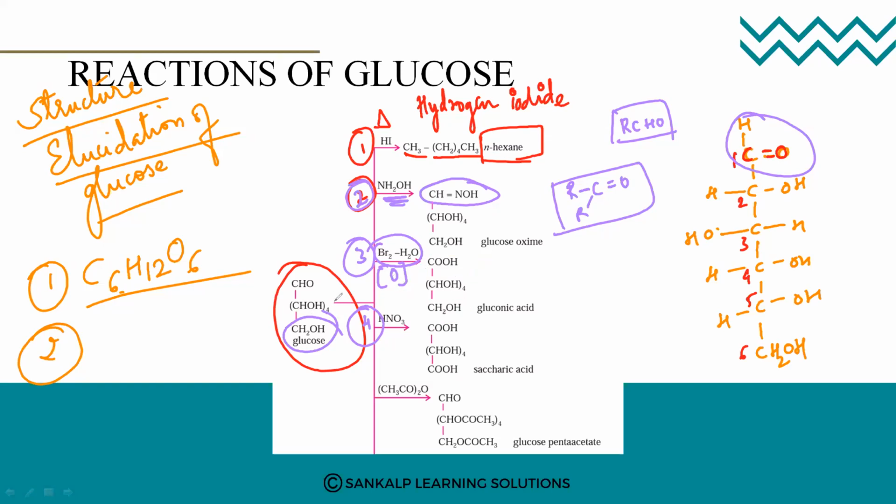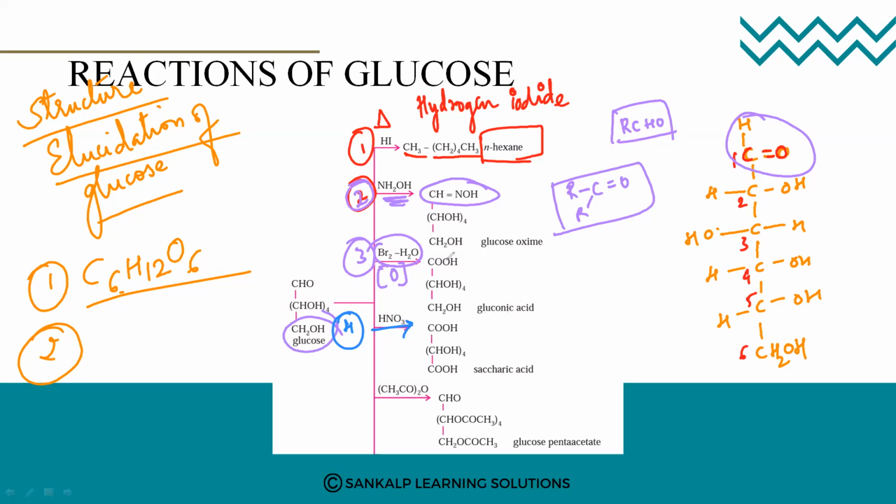So the fourth reaction is here. When glucose is undergoing oxidation with HNO3, that is nitric acid, a strong oxidizing agent, the glucose as well as gluconic acid gives you the dicarboxylic acid.